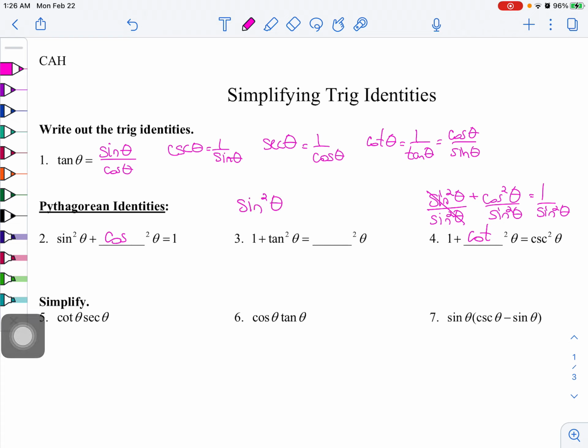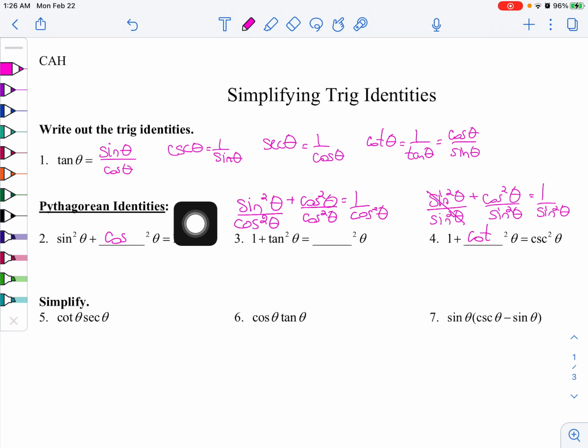I'm going to do the same thing, but take the original function and divide by cosine squared. So let's go ahead and set up the original. Now if I take every piece and divide by cosine squared theta, sine squared theta divided by cosine squared theta is tangent squared.